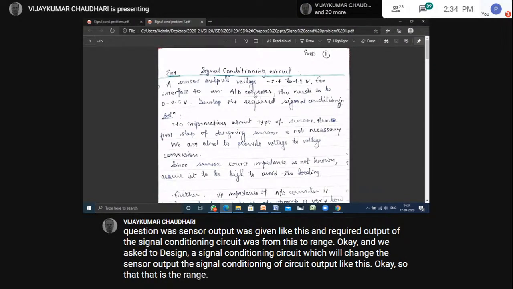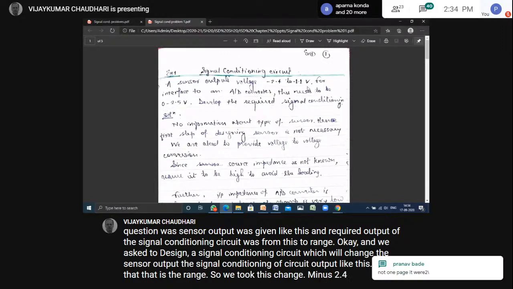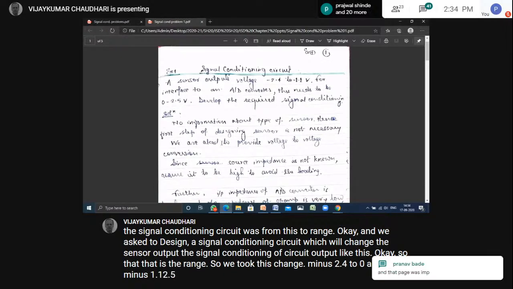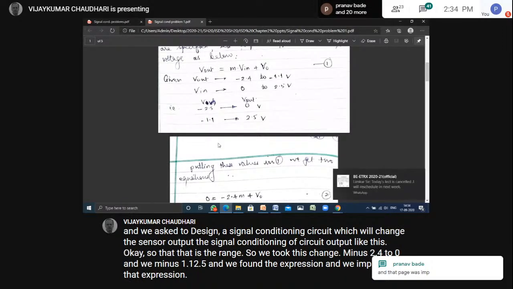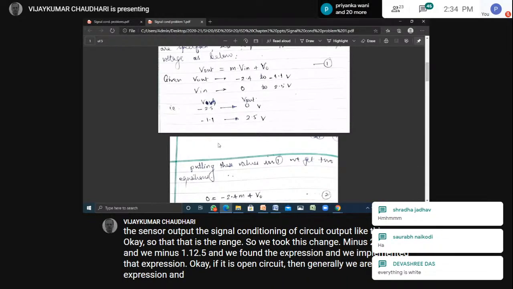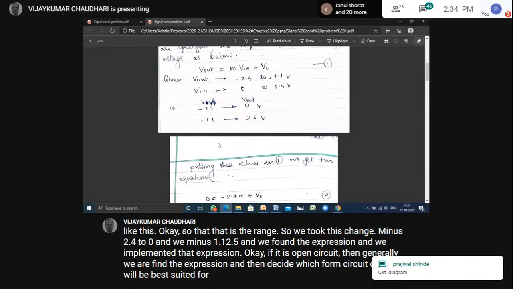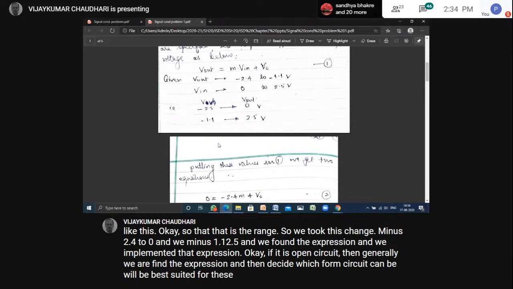We took this range, minus 2.4 to 0 and minus 1.1 to 2.5, and we found the expression and implemented that expression. If it is an op amp circuit, then generally we find the expression and then decide which op amp circuit will be best suited for implementing this expression.